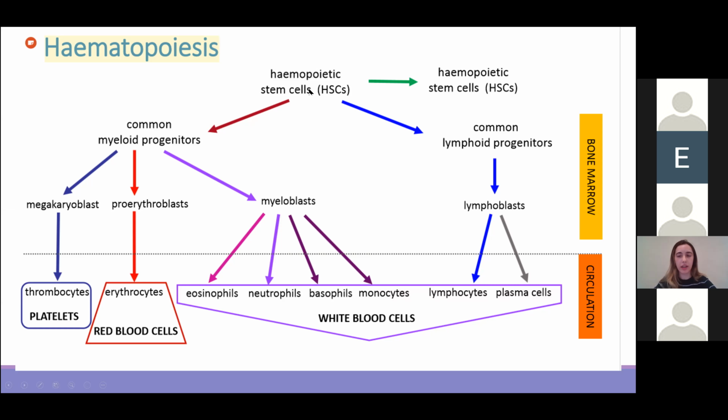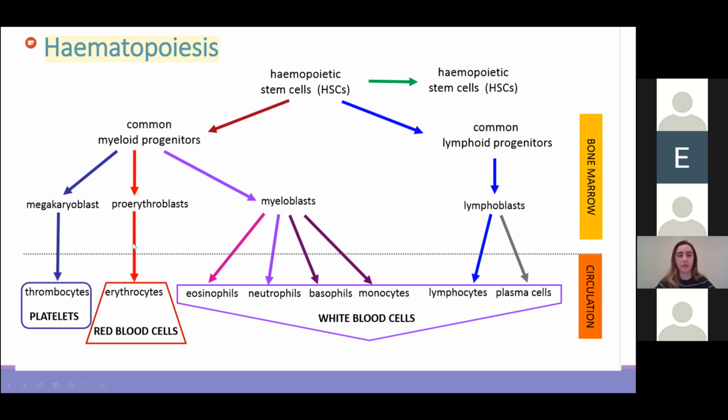And here is just a good diagram of what is actually occurring. So you've got your myeloid and your lymphoid progenitors. An easy way to remember is that lymphoid leads to lymphoblast, which leads to lymphocyte. So the words make sense, and everything else that's not a lymphoid cell or a lymphocyte or a plasma cell is going to be myeloid.